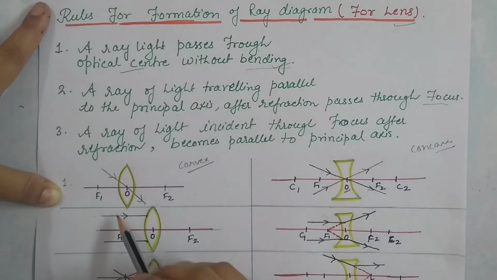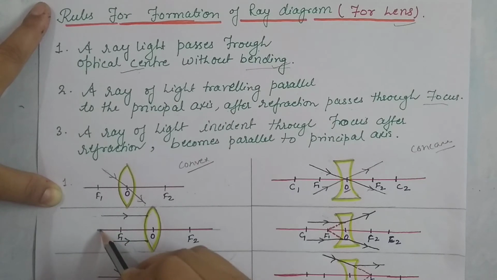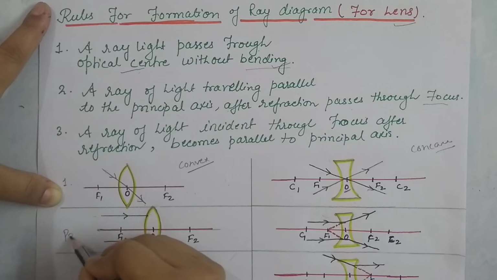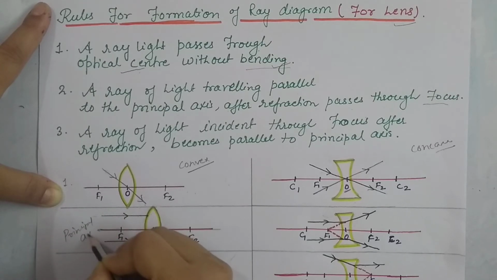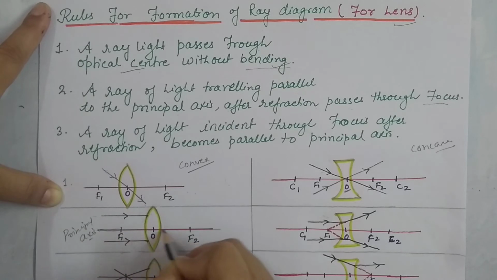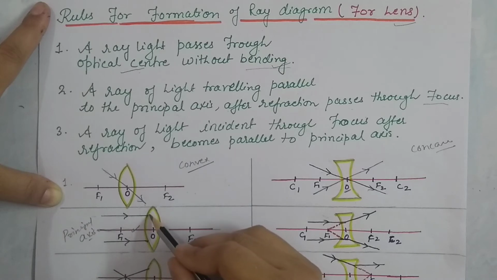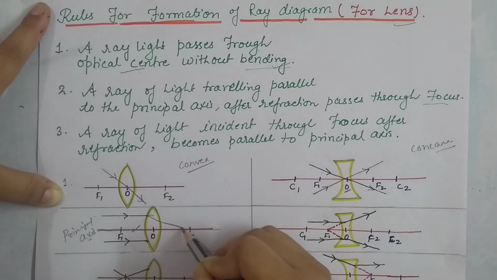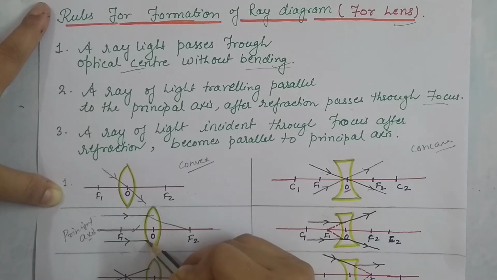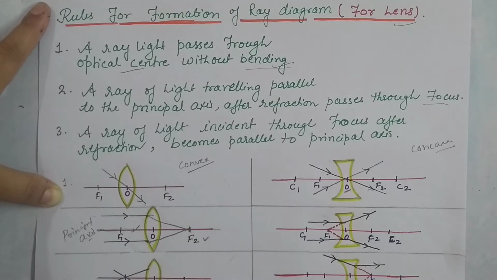Whenever the incident light ray is parallel to the principal axis, this red line being the principal axis, it must pass through the focus.